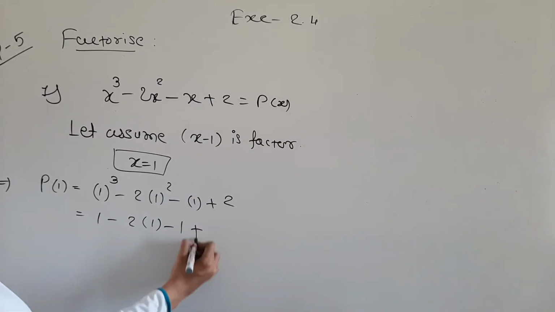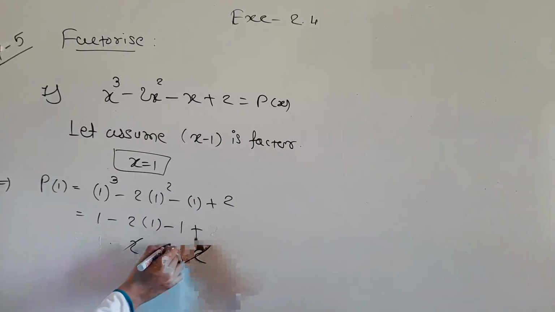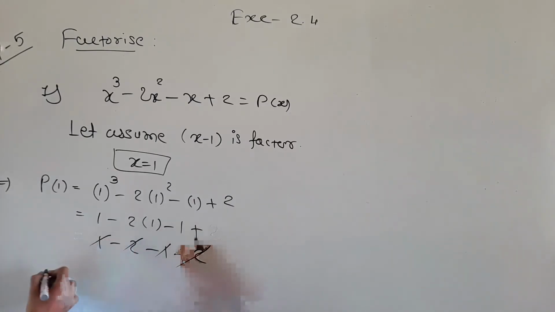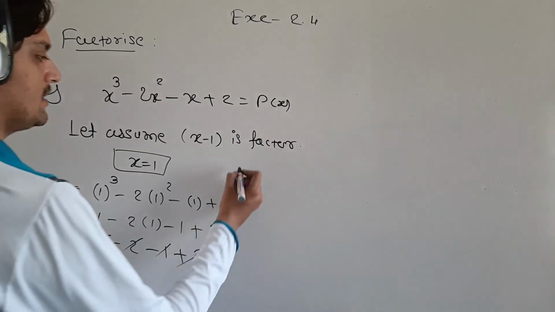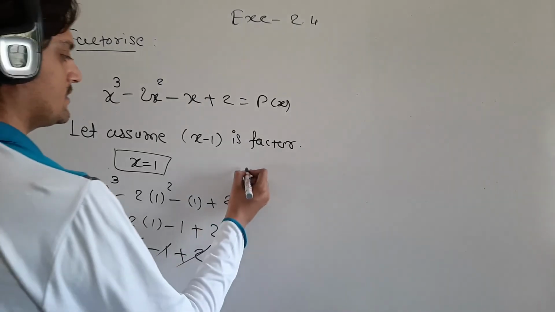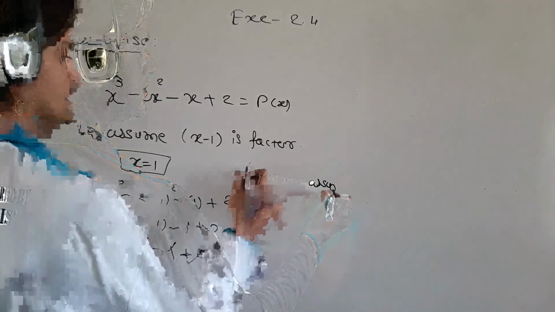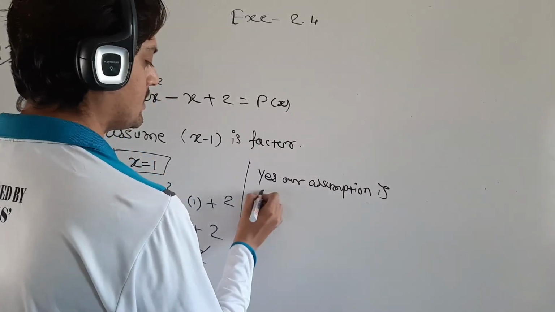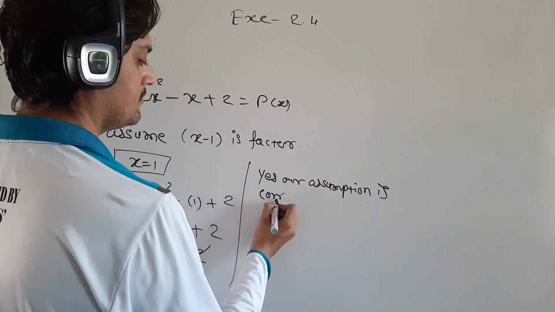So 1 minus 2 plus 2, minus 2 plus 2 cancel, minus 1 plus 1 cancel, 0. So 0 has come, it means that yes, our assumption is correct.